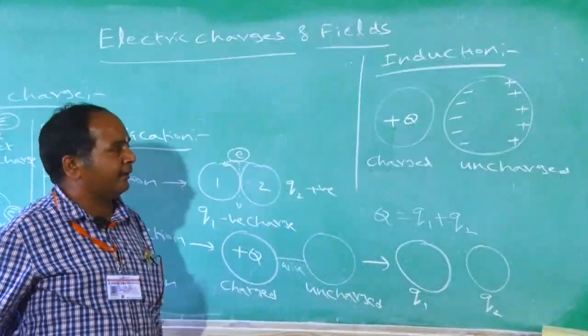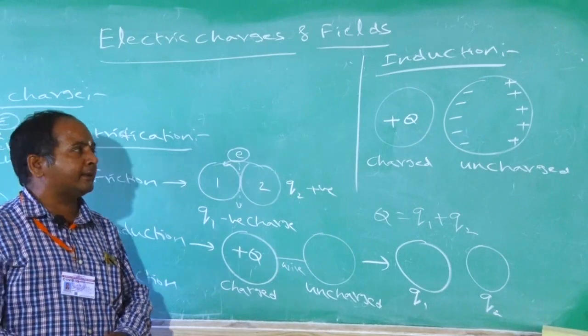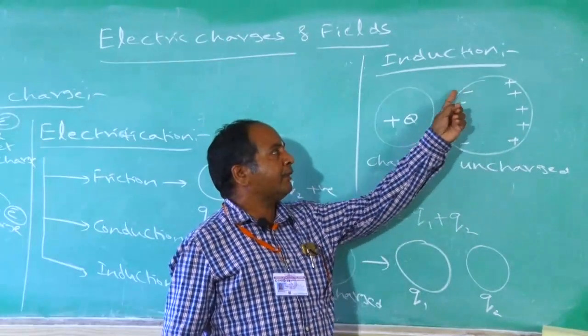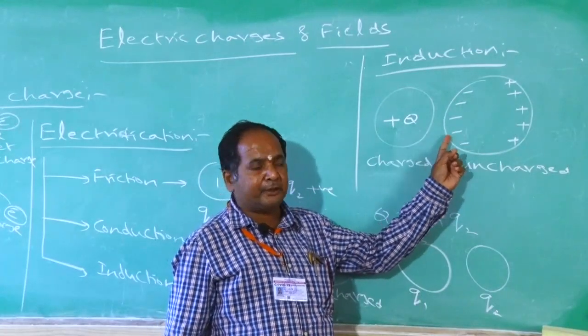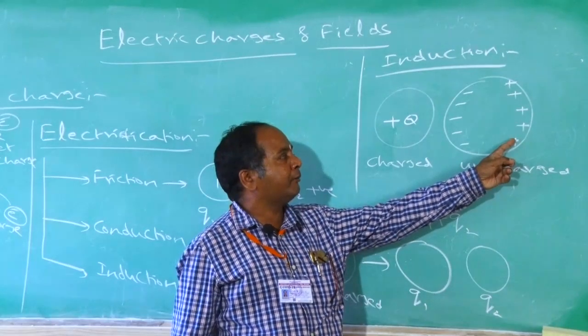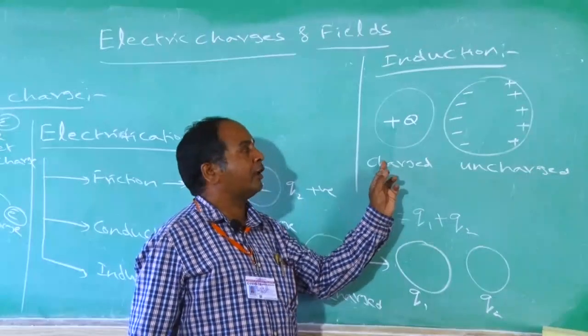Due to induction, the uncharged body is gaining two types of charges which are equal in magnitude. Out of those two, the surface nearer to the charged body is getting the opposite charge, and the surface far away from the first body is getting the charge like the charged body.